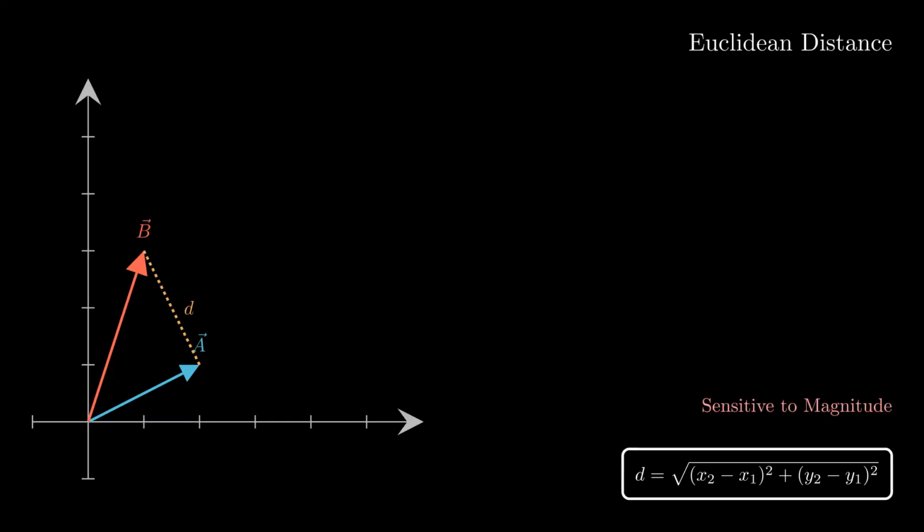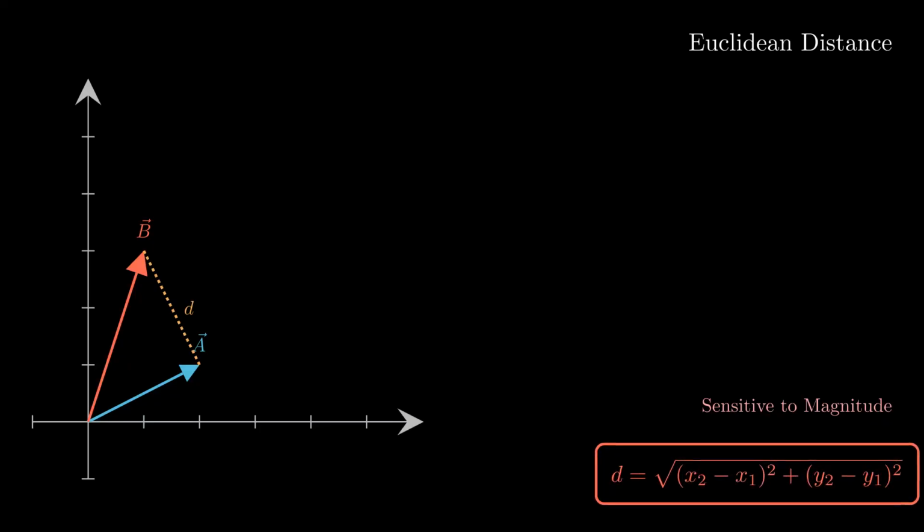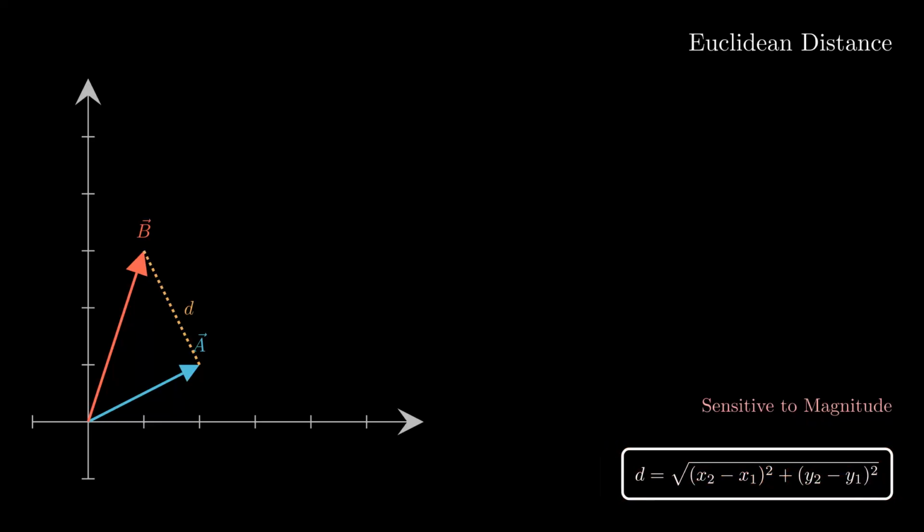However, there is a significant limitation when applying this to natural language. Semantic meaning is primarily encoded in the direction of the vector, not its length. Imagine we have a short article about space travel, represented by vector b. Now, imagine a much longer book about the exact same topic. The vector points in the same direction, but because the book has more words and higher term frequencies, its magnitude increases.